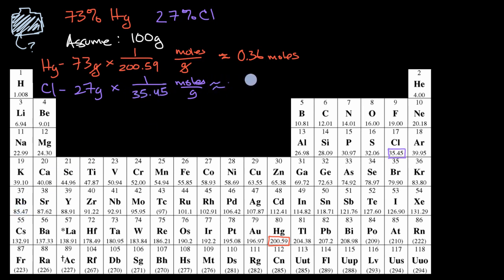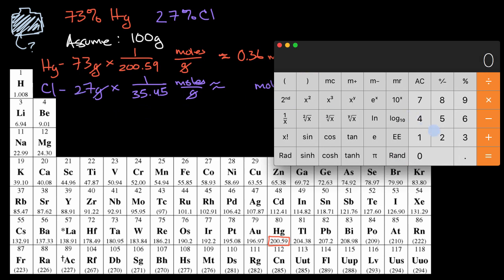And so this is going to approximate how many moles, because the grams are going to cancel out. And it makes sense that this is going to be a fraction of a mole because 27 grams is less than 35.45. We take 27 divided by 35.45 gets us to 0.76 roughly.